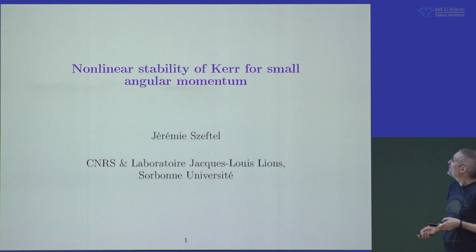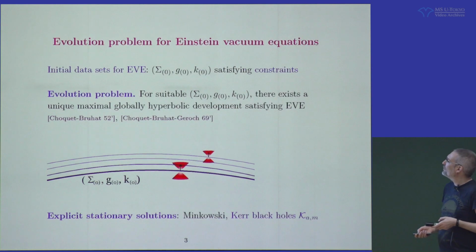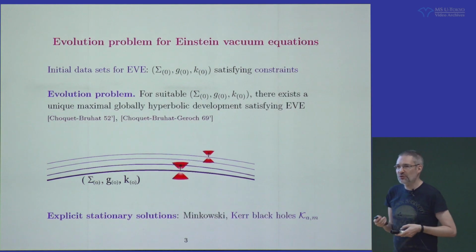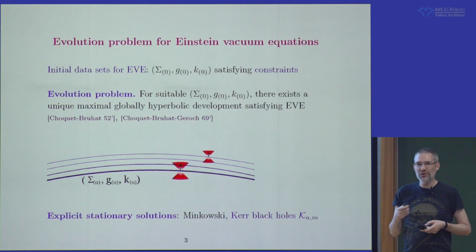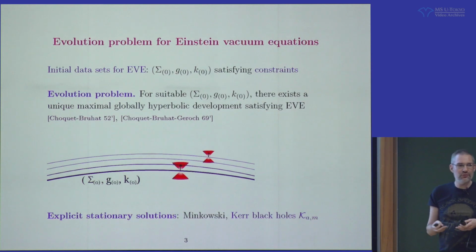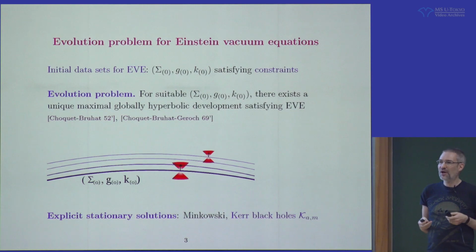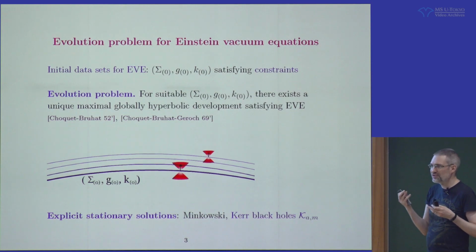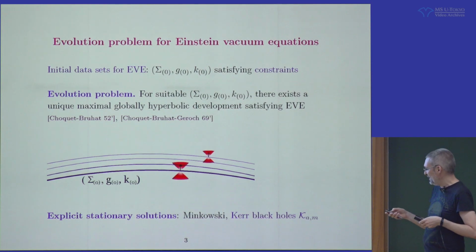Okay, so now let's talk about the nature of these equations. These equations form an evolution problem. In other words, if you look in specific coordinates, you will see some hyperbolic equations, for instance, systems of wave equations. And because it's an evolution problem, you have to set up the initial value problem.